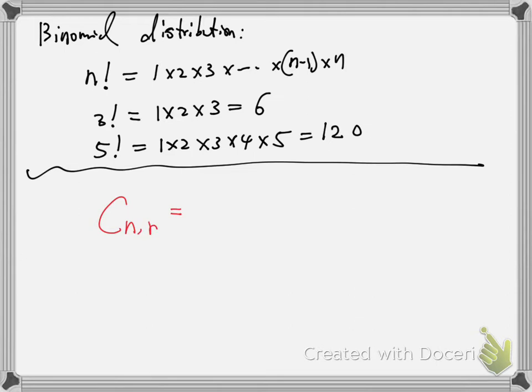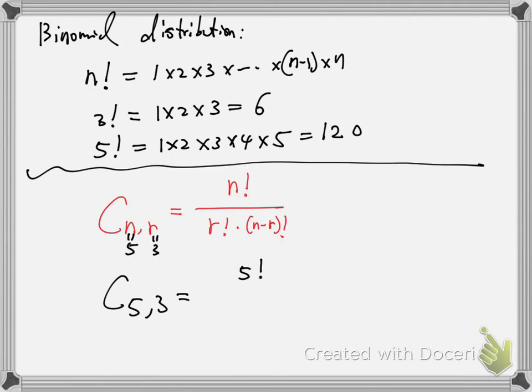C n r is n factorial over r factorial times n minus r factorial in the denominator. Let's still use 5 and 3. So C 5, 3: n is 5, r is 3. So this is 5 factorial on top. R is 3, so this is 3 factorial, and n minus r is 5 minus 3 factorial. Top is 1 times 2 times 3 times 4 times 5.